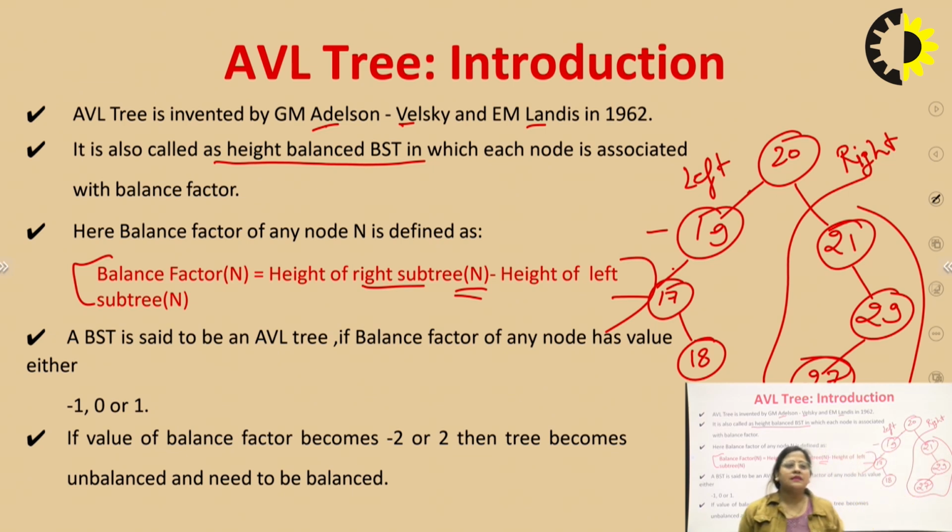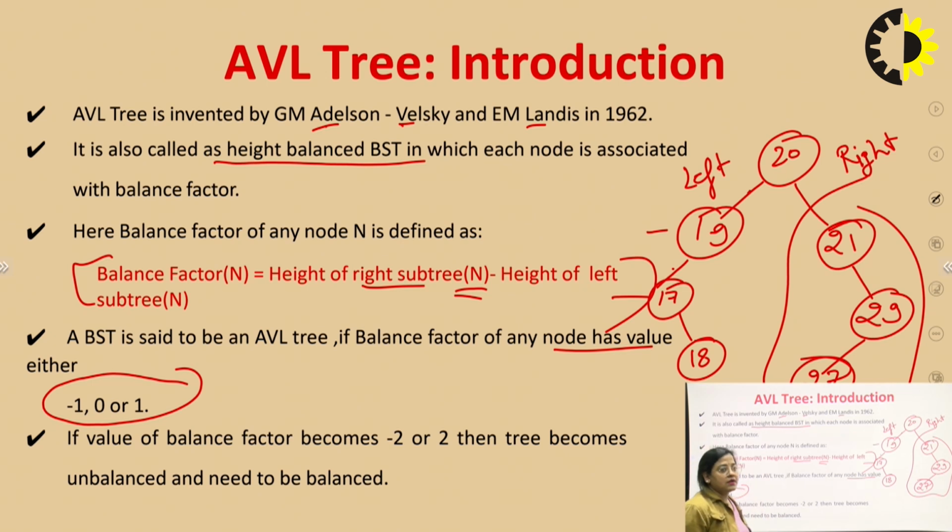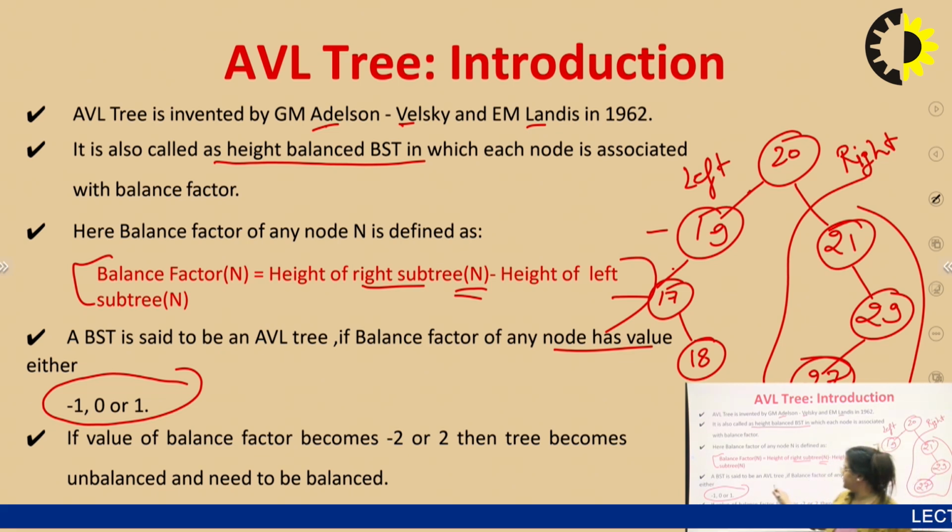A BST is said to be an AVL tree if the balance factor has a value of 1, 0 or minus 1. First find the balance factor by this formula.